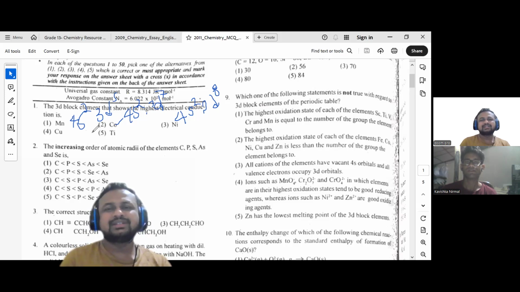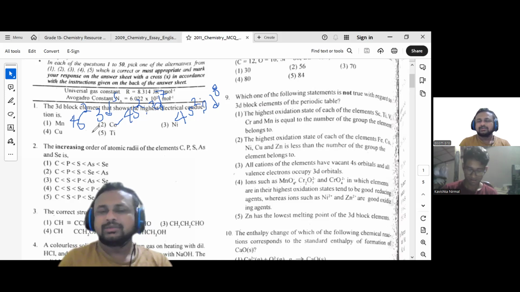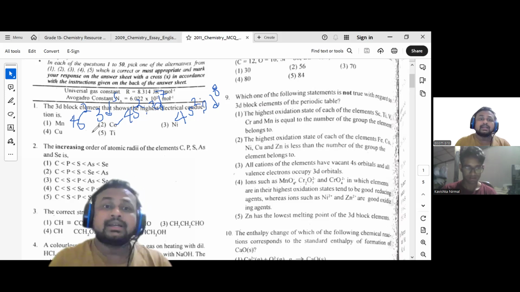Copper is 4s1 3d10. Do you know the Aufbau principle, the building up principle? That's the way we fill electrons into sub-energy levels.